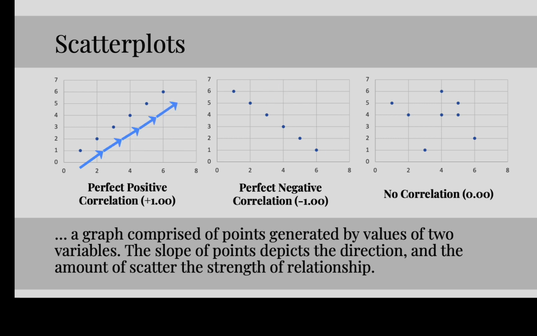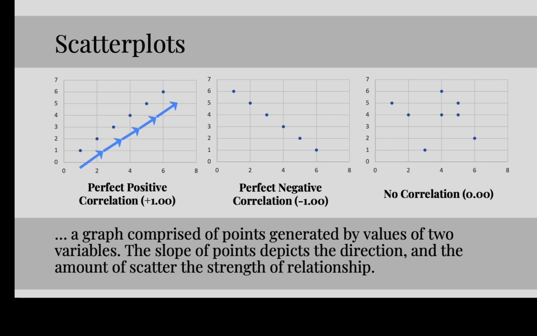So that's a positive, perfect correlation. This means as you go up, each number is in a straight line. That's a perfect positive correlation.